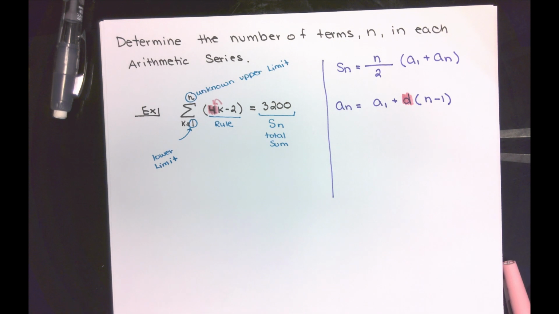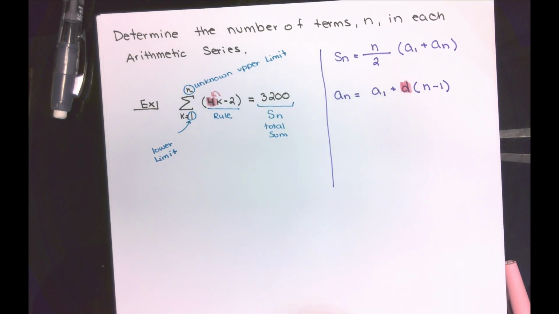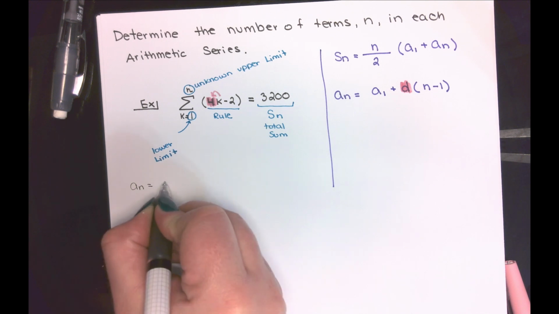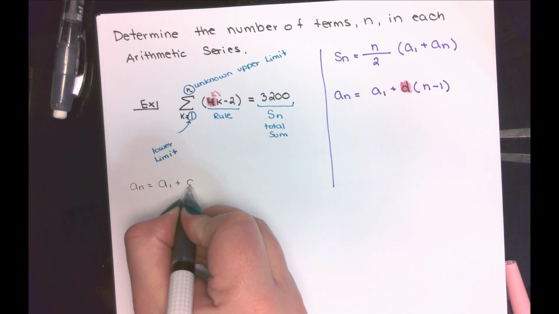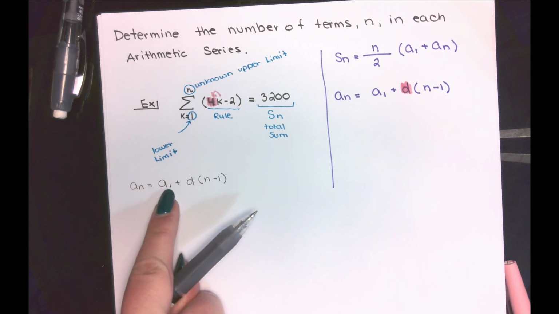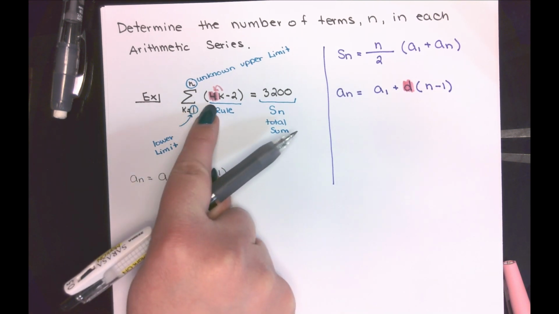I'm going to switch colors here. If we take our sequence formula, a sub n is equal to a sub 1 plus d times n minus 1. I still need to know what a sub 1 is, so I'm going to take the lower limit.